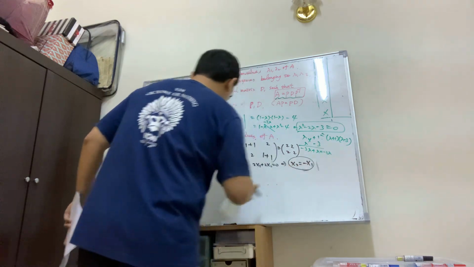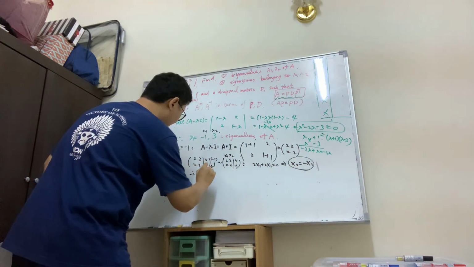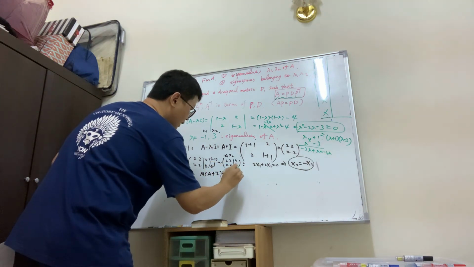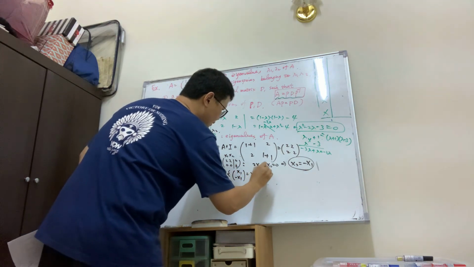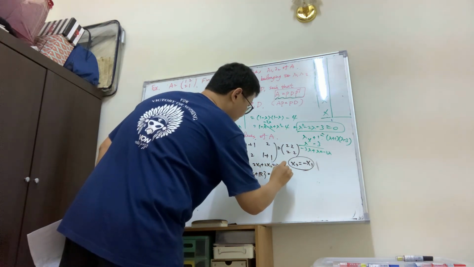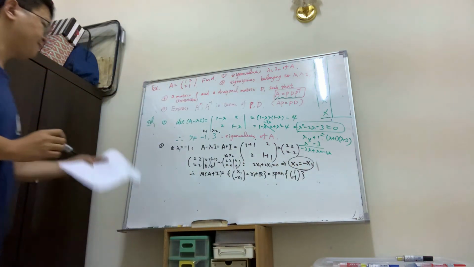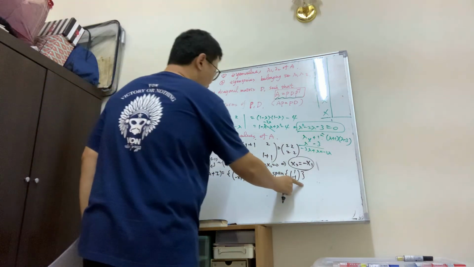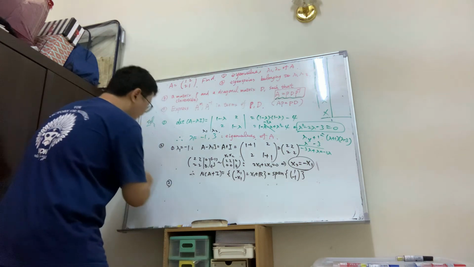The null space of A plus I is equal to the vectors (x1, -x1), where x1 could be any real number. So it's the span of (1, -1). Yes, so it's the eigenspace of A corresponding to eigenvalue -1.